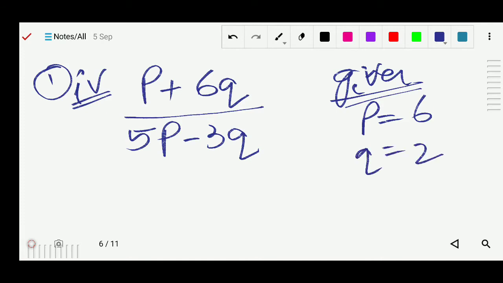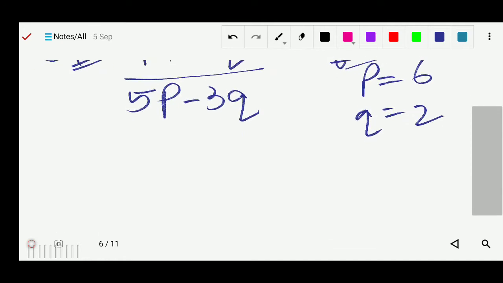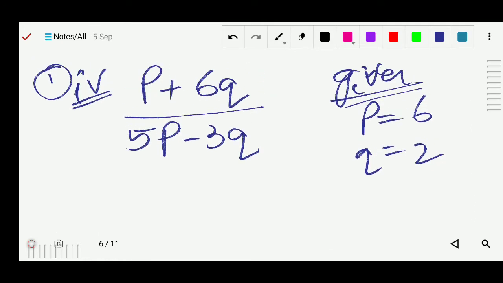It is already given. So now one by one we will put the value. So first we will put the value of p. So what is the value of p? So we write here 6, and plus 6 into q, that is 6 multiplied by q. So we'll keep it in the bracket, because in the rule we have already studied.